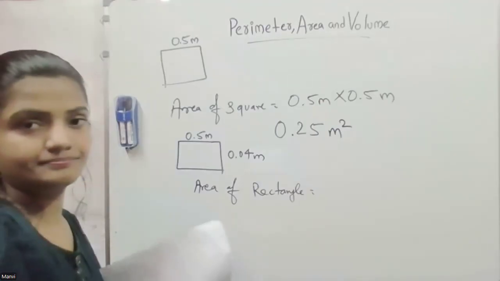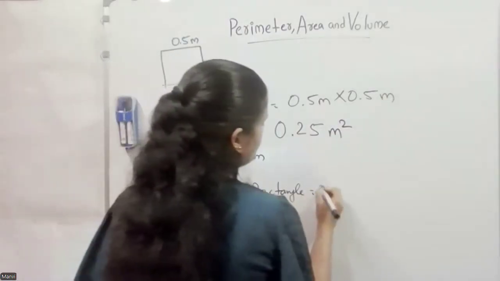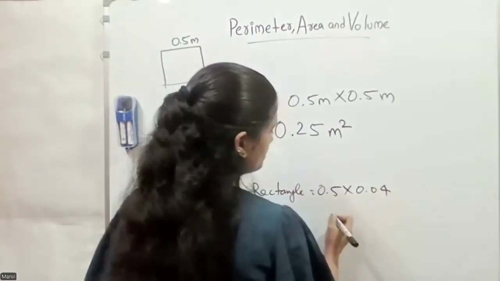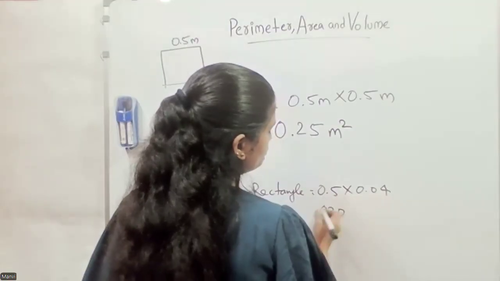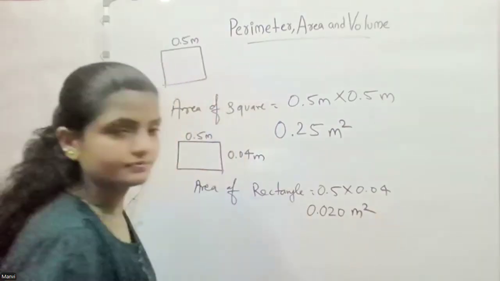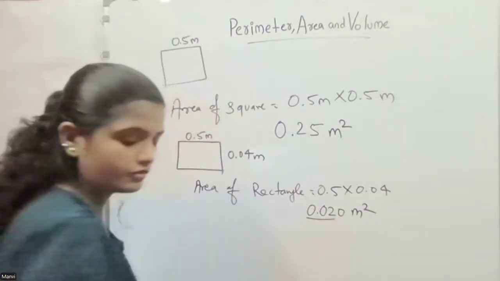Yes, because this is 0.5 times 0.04, 5 times 4 is 20. We have 3 decimal places, so we need to put a 0 here, and this is the answer. 0.02. Very good.